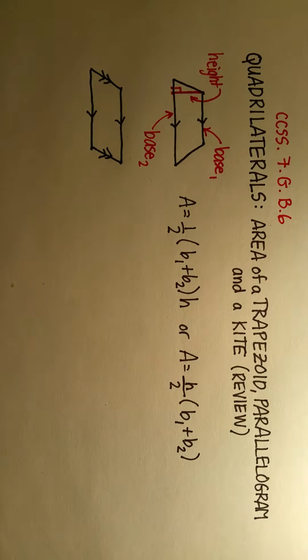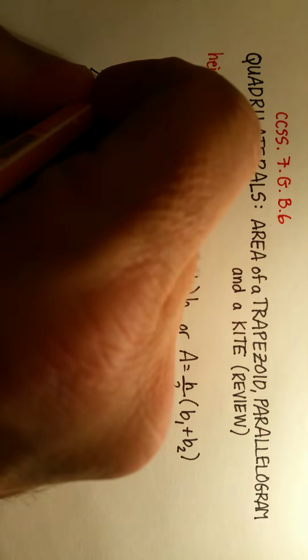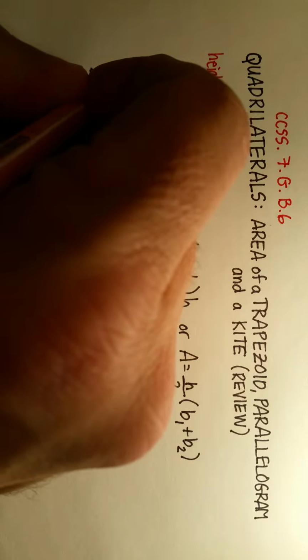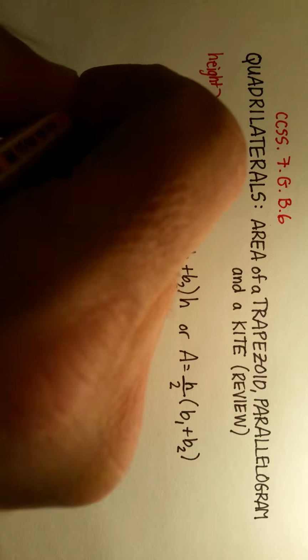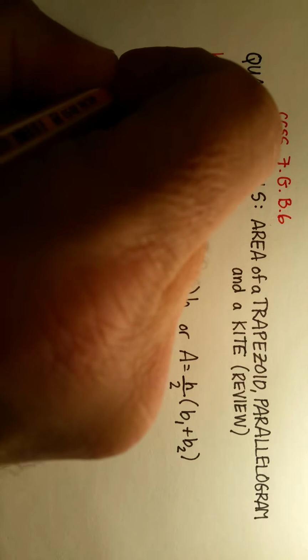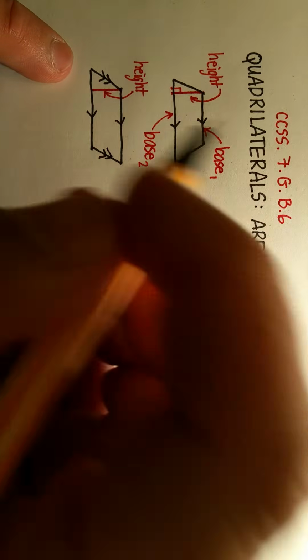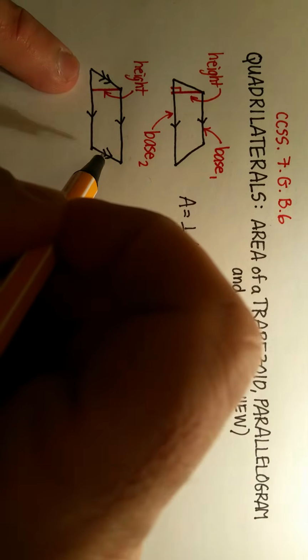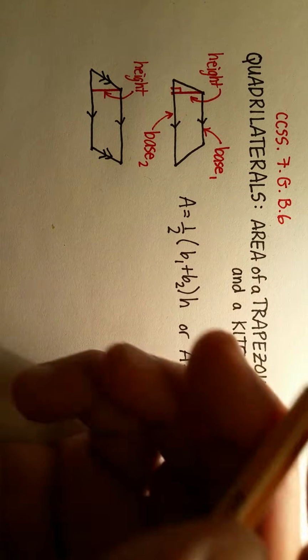Now, the same thing takes place in a parallelogram as it does in a trapezoid: you usually go from one of the corners, one of the vertices, straight down, and again, that is known as the height. Okay? By the way, these sides are not only parallel, but they're also congruent, right?